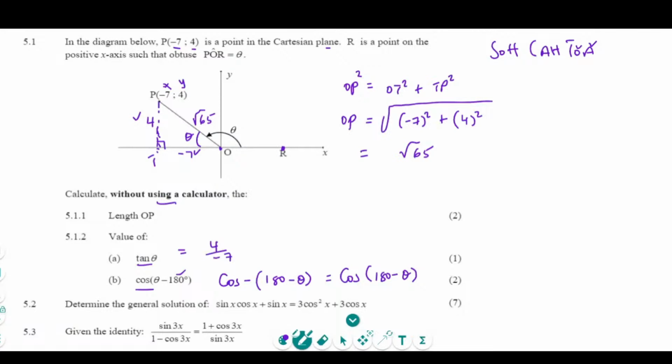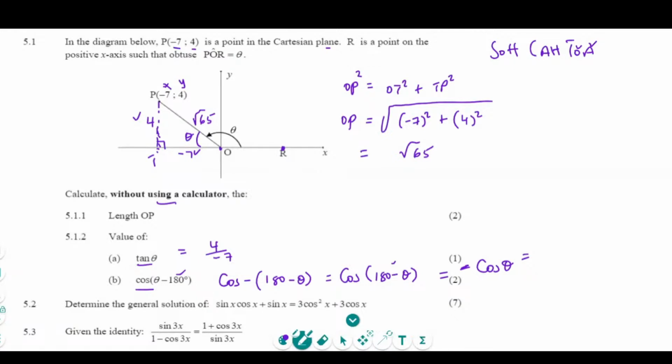From our reduction, 180 minus is in quadrant number 2. So within quadrant number 2, it will become negative cos theta. Does it make sense? 180 minus is negative cos theta. Then cos theta, we said it's adjacent over hypotenuse.